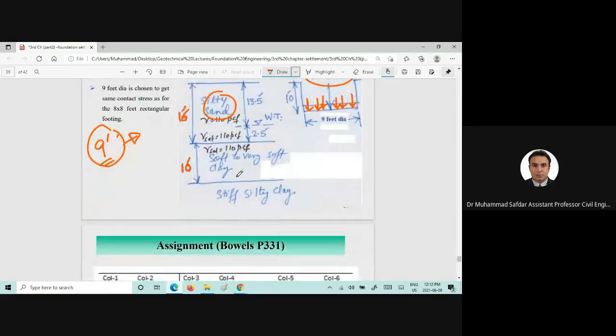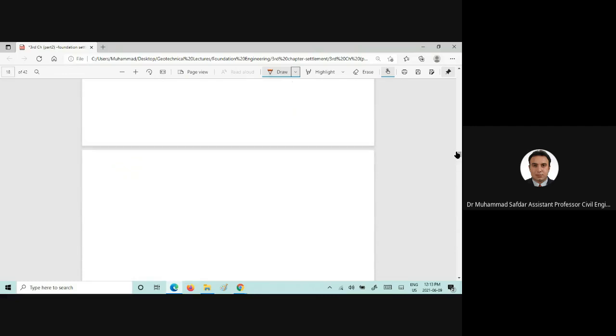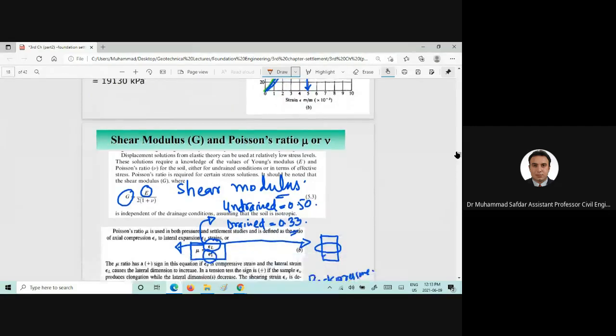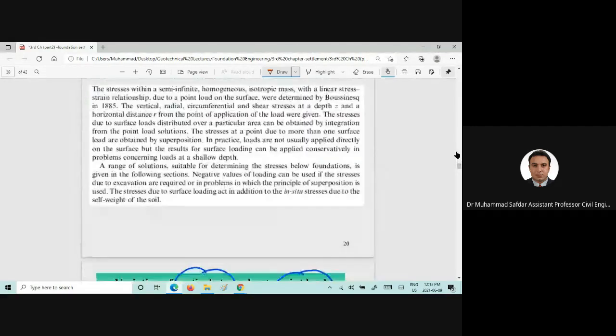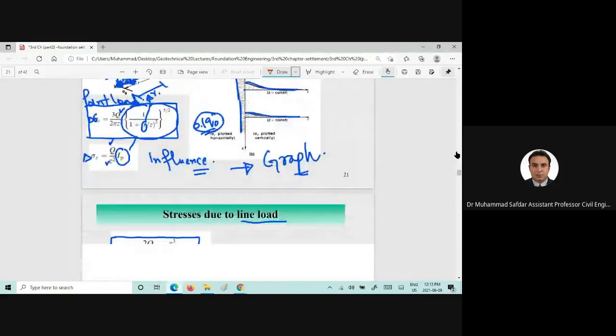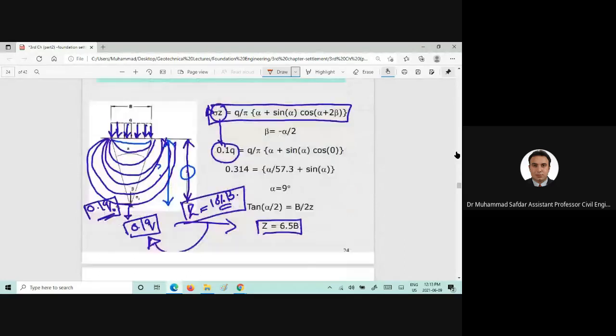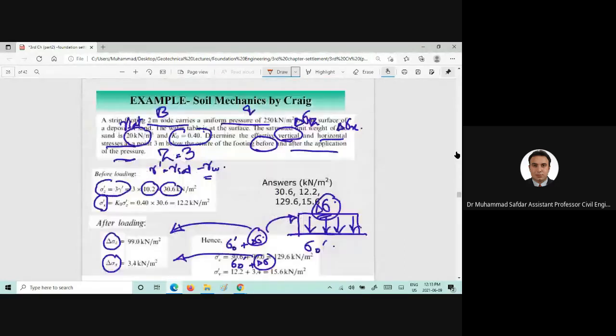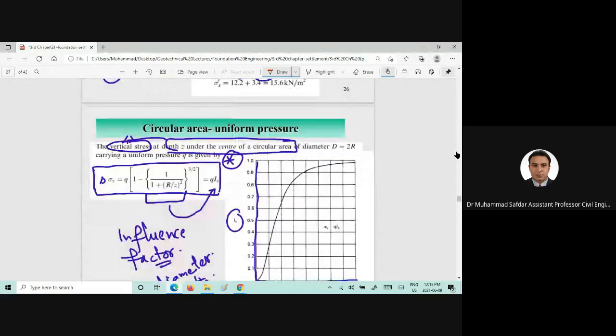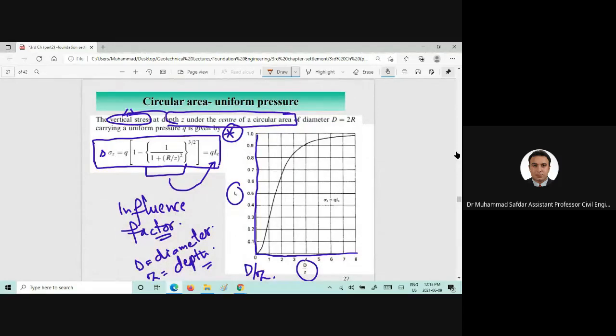I will explain a little bit here. If you remember, for a circular footing, you're given an equation, yeah, circular area having a uniform pressure.